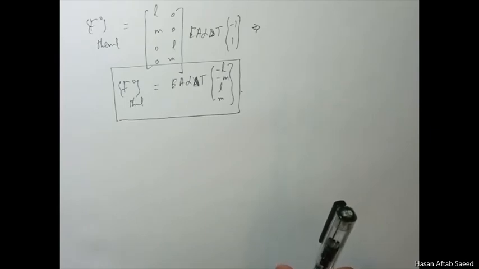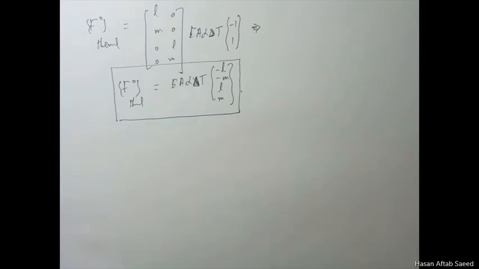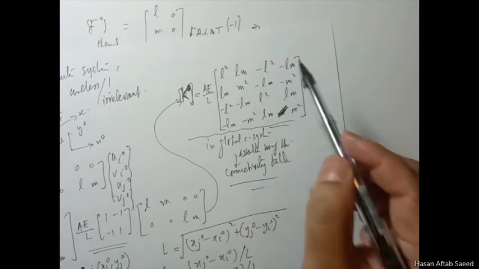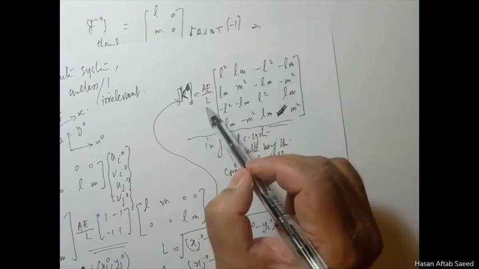So here what you do is you just use the K matrix that you have derived, and then you just apply this equation. For the K matrix for individual elements you will derive this K matrix, because this will be in the global coordinate system.